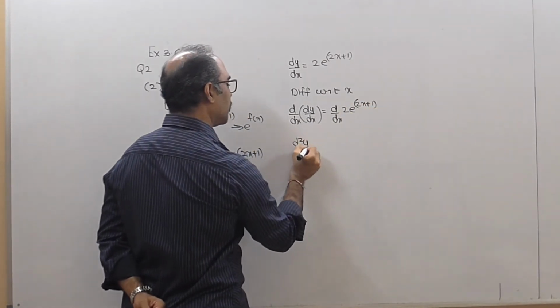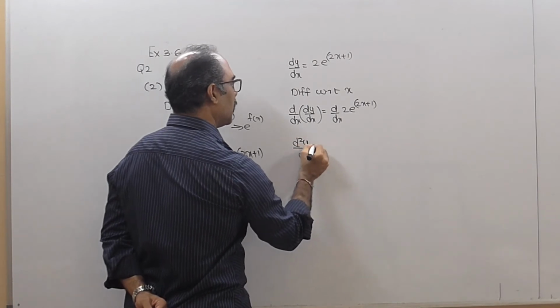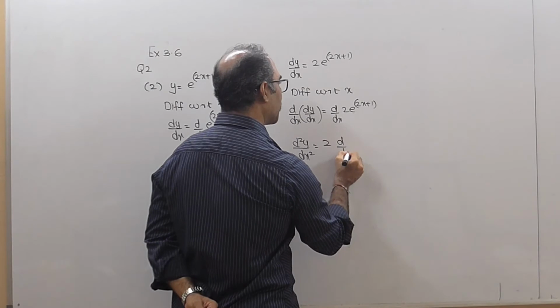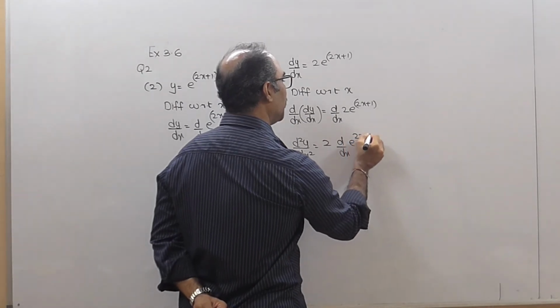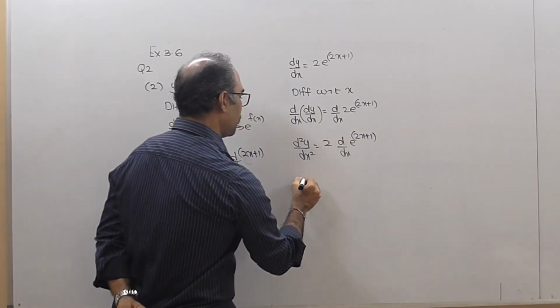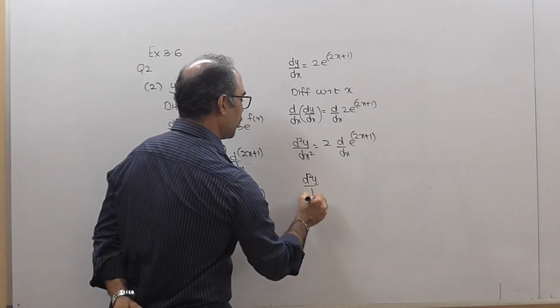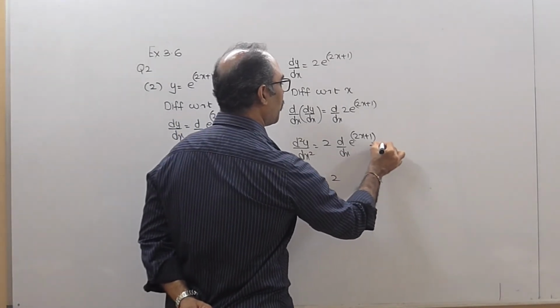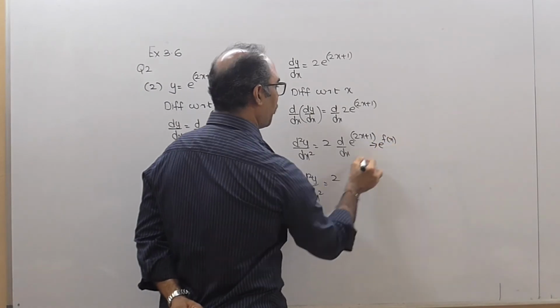dy by dx equal to d by dx of 2 e raised to 2x plus 1. So this becomes d square y upon dx square equal to 2 outside, and you will have d by dx of e raised to 2x plus 1. This is again in the form of e raised to f of x.